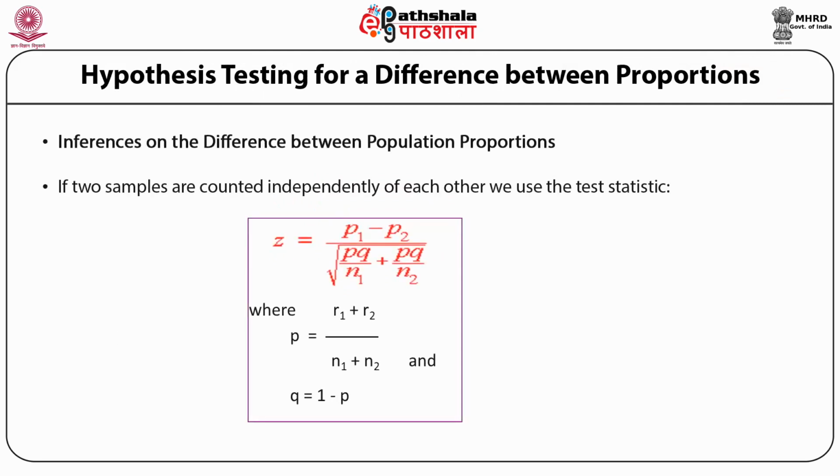Now we will do a hypothesis testing for proportions. Till this point we have done the hypothesis testing for a difference between means, and for this we use a different formula, which you can see here. We can use this formula and solve one question to see how this is done.